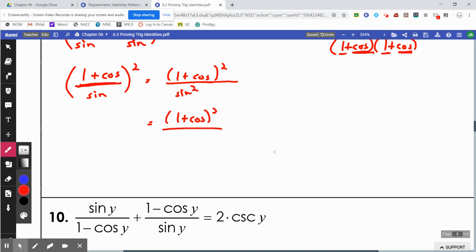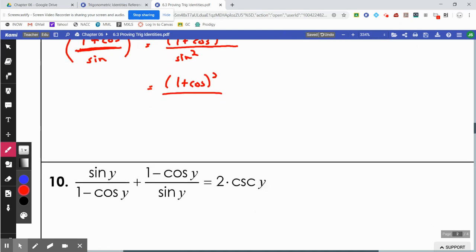But what I'm going to do, I'm going to replace that sine squared with 1 minus cosine squared. And the reason I did that is I know that 1 minus cosine squared can factor. And we're going to go back and work this an easier way because this one's going to be hard to see. Since you haven't been working these a whole lot, it'll be hard to work it like this.